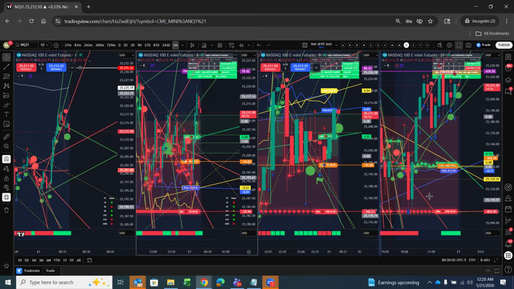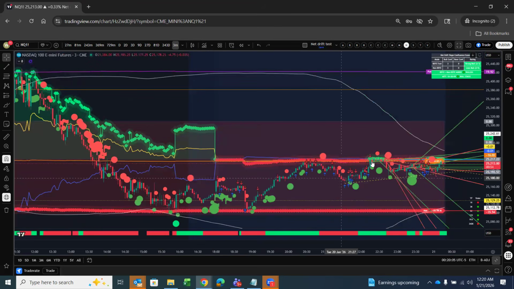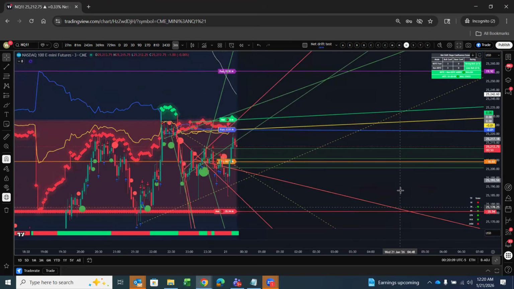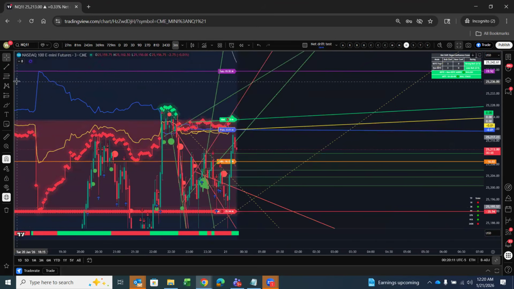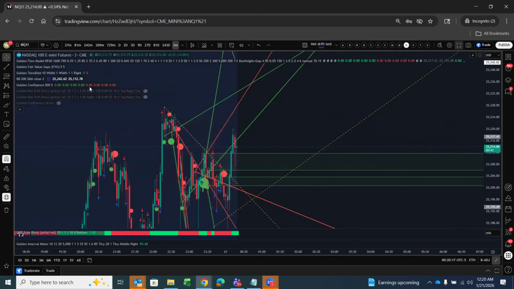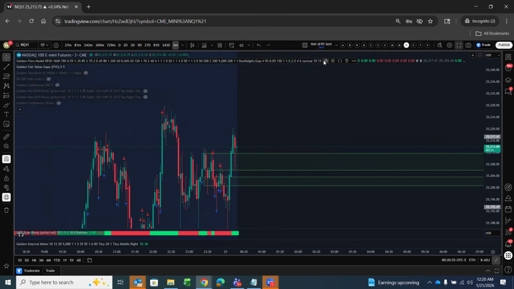So I think I want to show you. Earlier, I didn't have a fair value gap available. So let's hide the indicators besides fair value gap. Hopefully it doesn't get filled while I try to show you this.